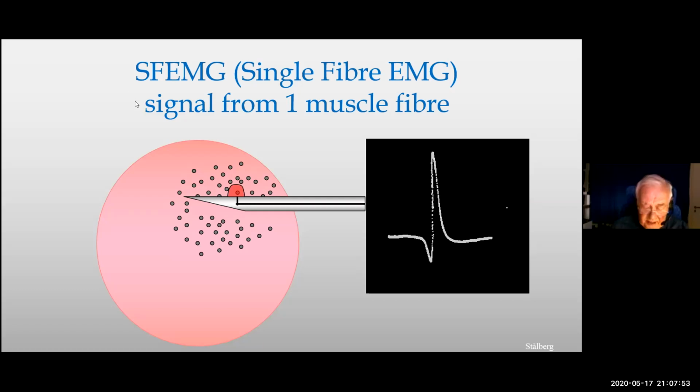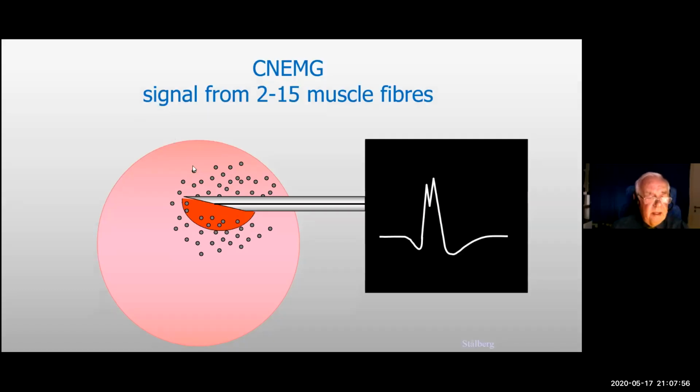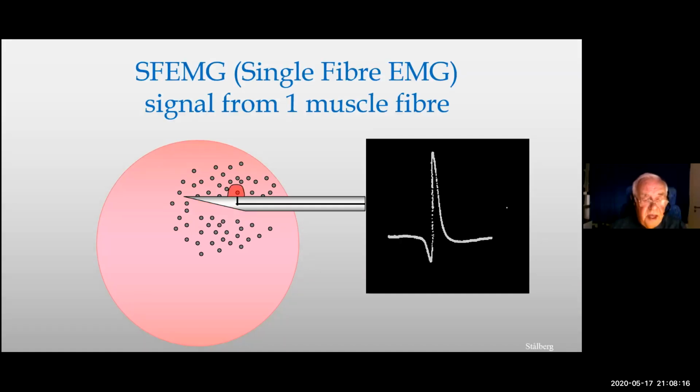The single fiber EMG is according to the following. Here is the concentric needle EMG, and this is the recording area, and it records 5 to 15 muscle fibers within about 2 millimeters radius. But for the single fiber, we have a very small recording surface here, and we also filter the signal so that low frequency components that are seen in the beginning and at the end of the signal, coming mainly from remote fibers, are suppressed.